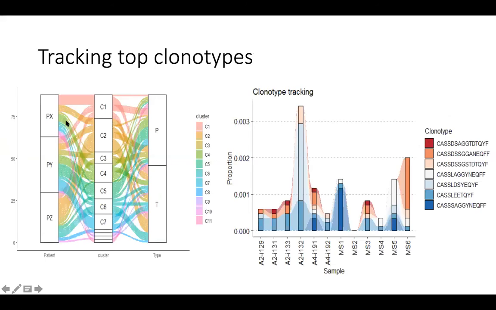We can also look at a particular clonotype across time. Let's say you're tracking samples longitudinally, where a sample is sequenced for its TCR repertoire before a drug treatment and again after a drug treatment. You can look at specific clonotypes that are expanding, right?